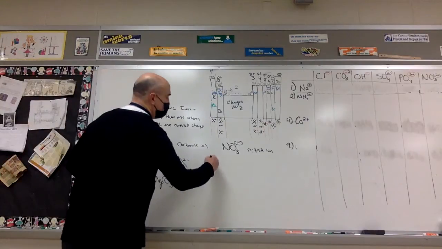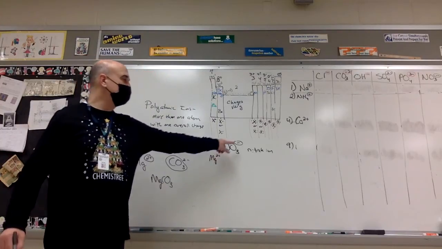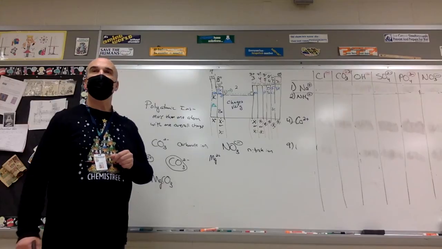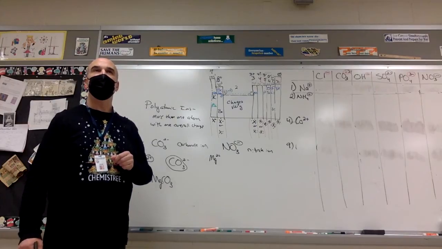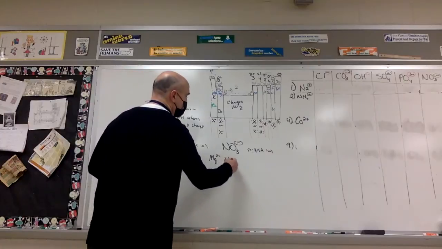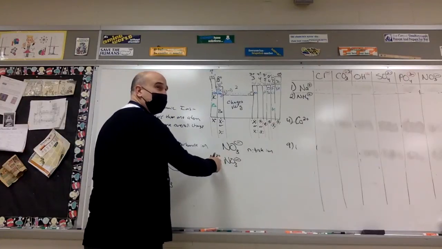Magnesium with nitrate. Magnesium's +2, nitrate's -1. Another nitrate. Right. If I have another nitrate, that gives me -2, which will cancel that out.